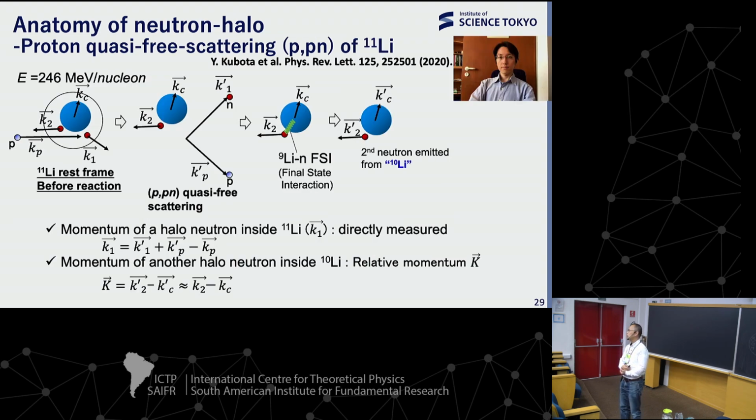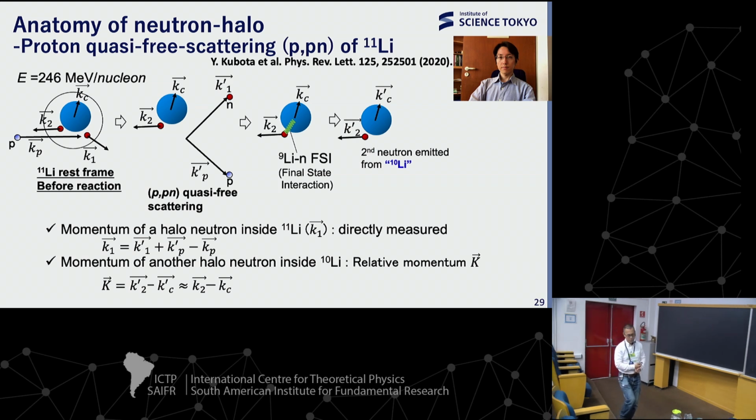Okay, so for that one, I'm trying to understand it a little bit better. Initially, this K1 and K2 are the momentum of the neutrons in themselves, right? Inside the lithium-11, yes. Before the collision. These are the momenta before the collisions.